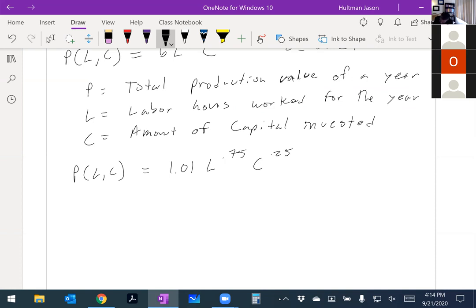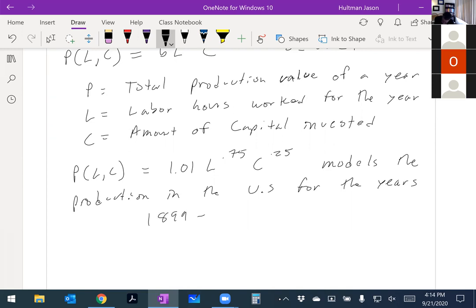It models the production in the U.S. for the years 1899 to 1922, when they first came out with this, about 100 years ago.